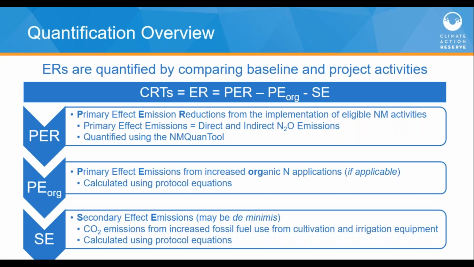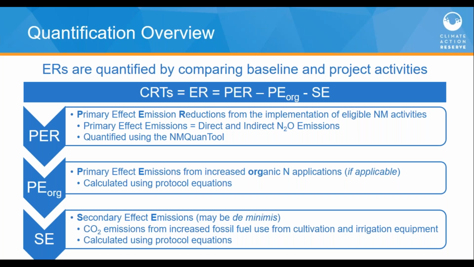These are all quantified using our new nitrogen management quantification tool, which is an Excel-based, easy-to-use tool. And so this, similarly to the lookup tool, we'll show some screenshots of what this might look like.